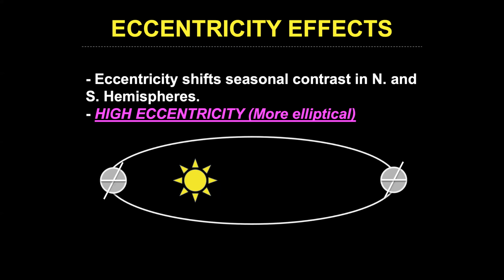In this case, the Northern Hemisphere, notice, is pointed toward the sun and closer to it, so it would have hot summers, and then the Northern Hemisphere would be tilted away from the sun and really far, with cold winters.